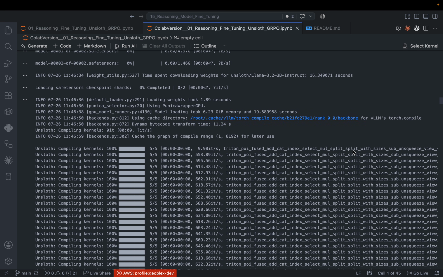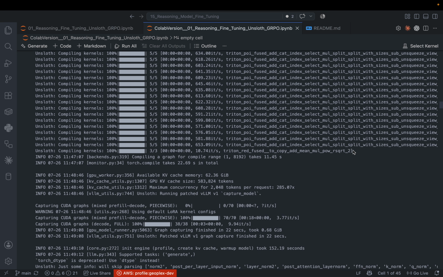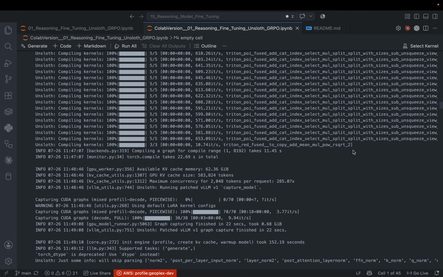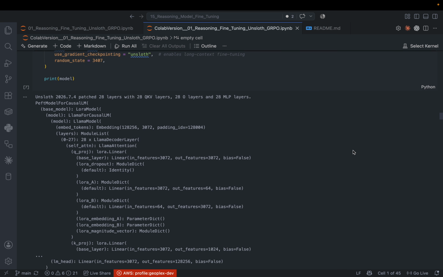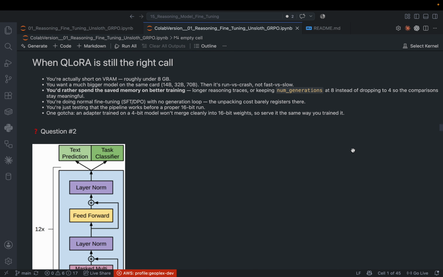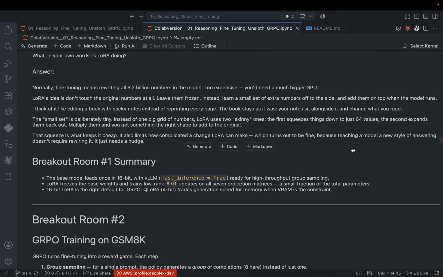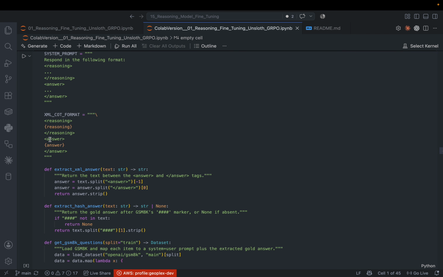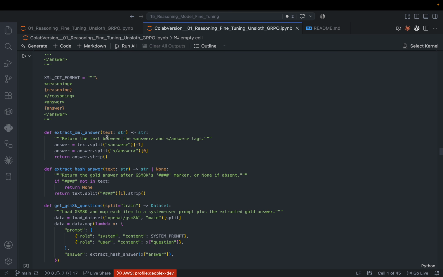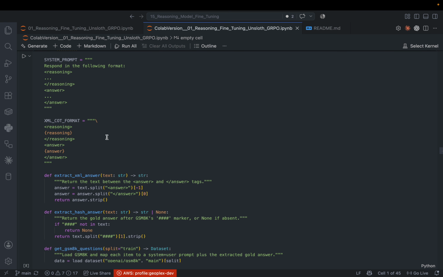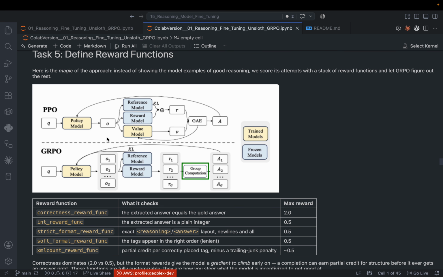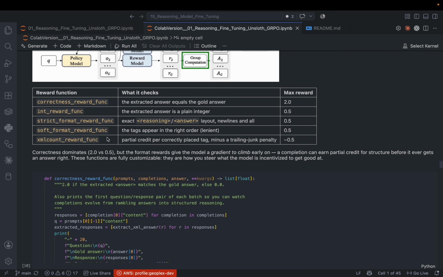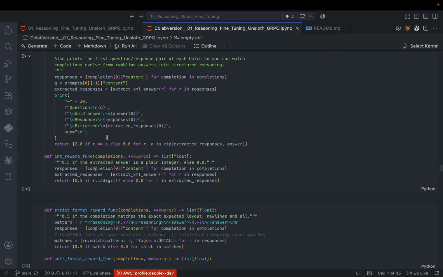With maths, it's very verifiable on a final answer, and the availability of the training set really helps as well. Here we can see the format that we wanted it to start thinking in and building up its scratch pad to work off, and building that reward function.